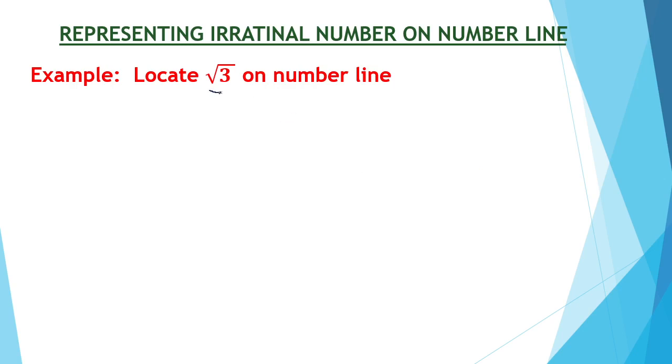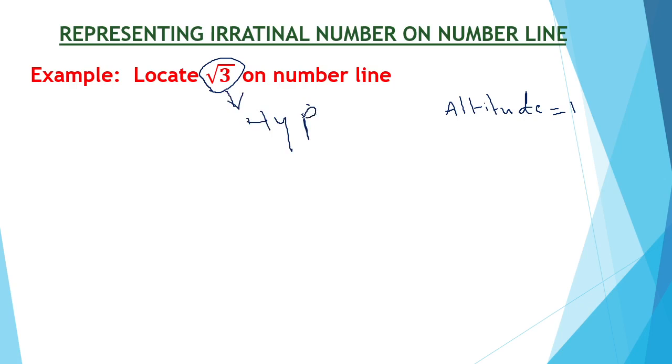So we have to assume this root 3 as the hypotenuse in the right angle triangle, and we have to assume the altitude as 1 unit. Altitude is always 1 unit, and this irrational number is always the hypotenuse.